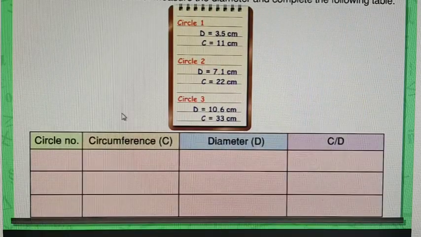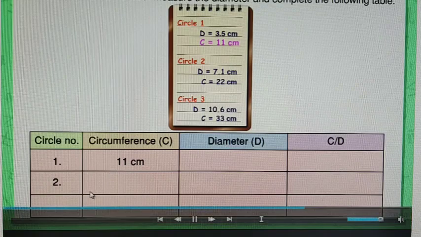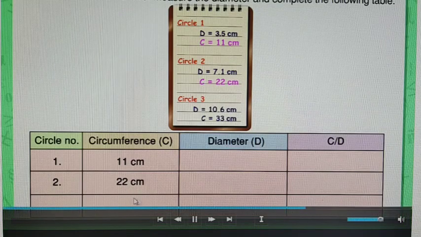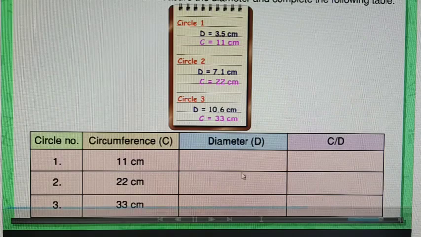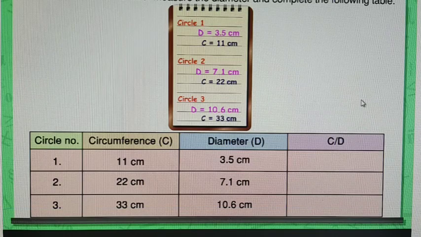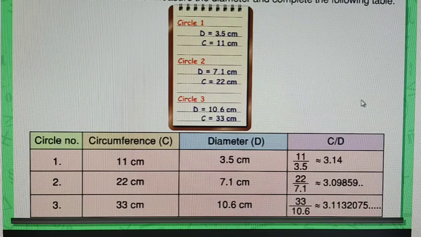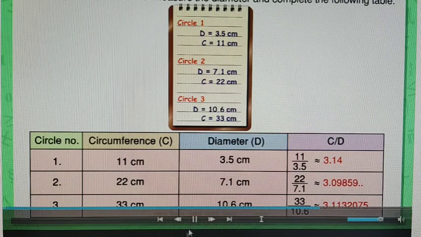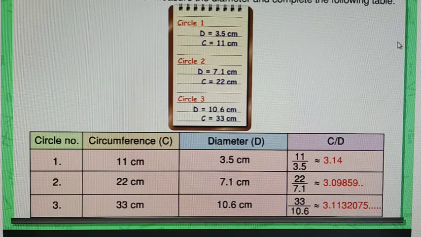Now let's complete the following table, which is given on your page 24. Circumference: first is 11 centimeter, second is 22 centimeter, third is 33 centimeter. Diameter: first is 3.5 centimeter, second is 7.1, and third is 10.6 centimeter. Now let's find the ratio between circumference and diameter. 11 upon 3.5 is approximately equal to 3.14.